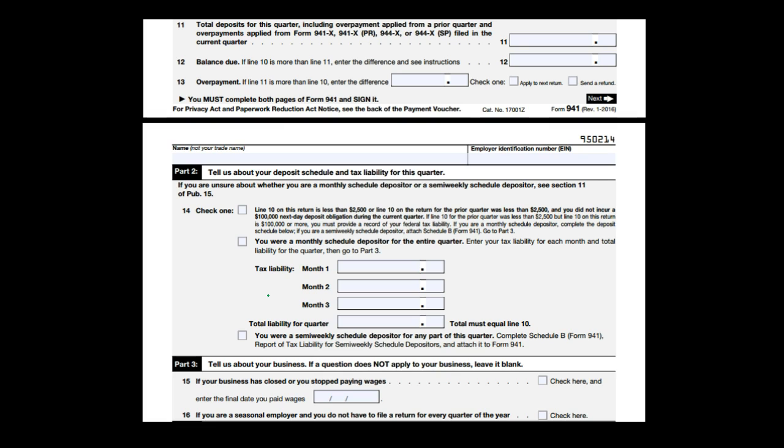So half of the payments that they're making are actually being pulled from the employee's wages. The other half are being pulled from the employer's checking account, but the actual money is going from the employer to the IRS and is being reported on Form 941.